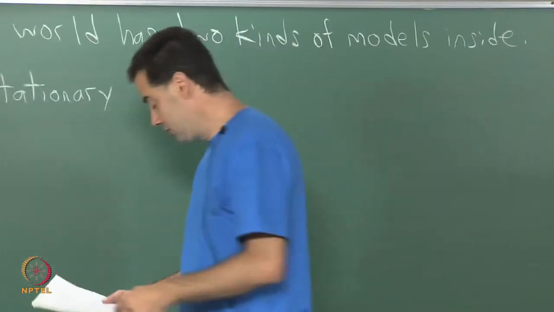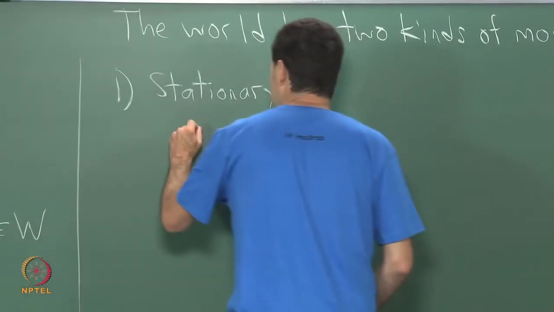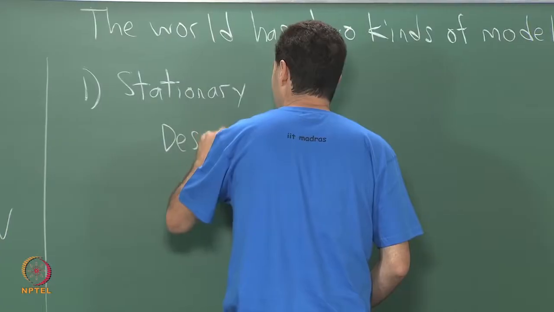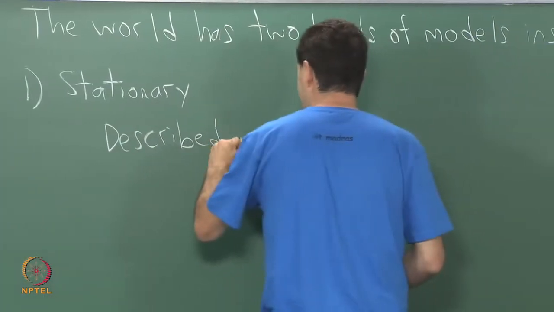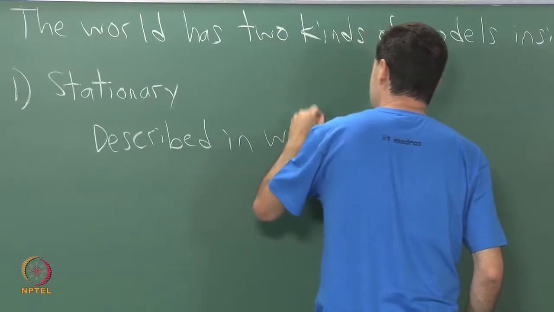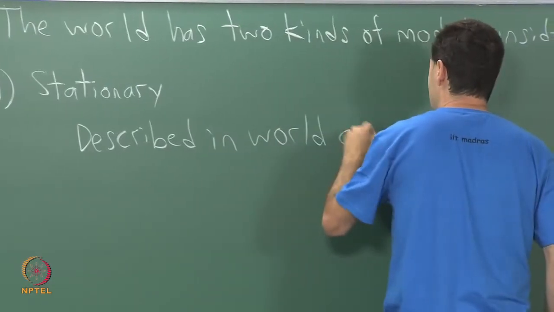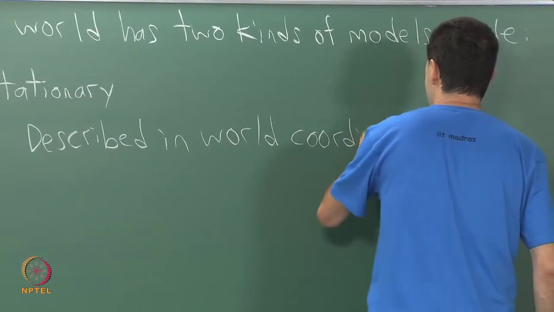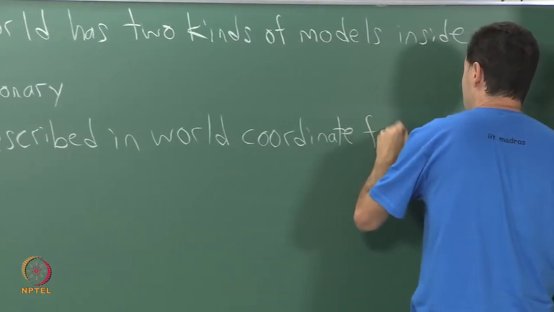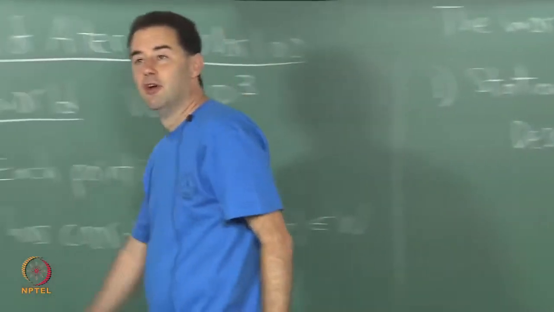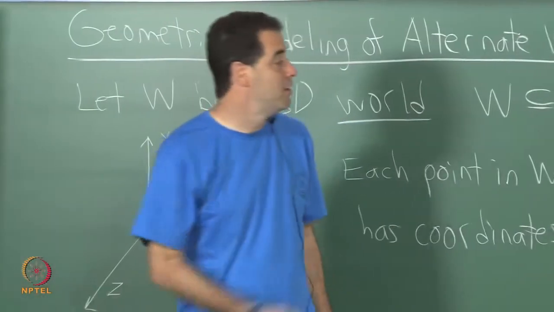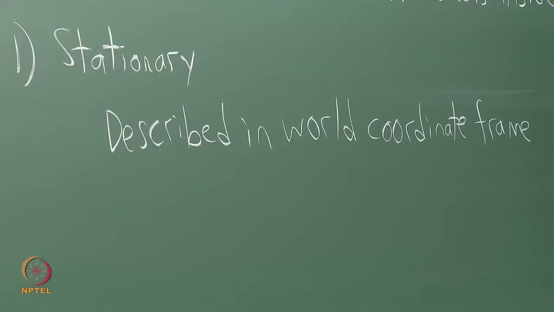That's the simplest case. In this case, they're described in the world coordinate frame. We can just make up these x, y, z coordinates for whatever points we want to describe for these stationary models and leave them alone the whole time.